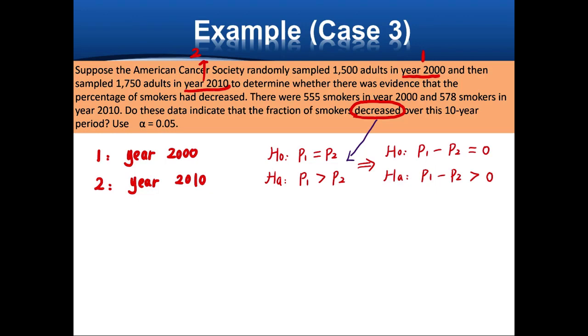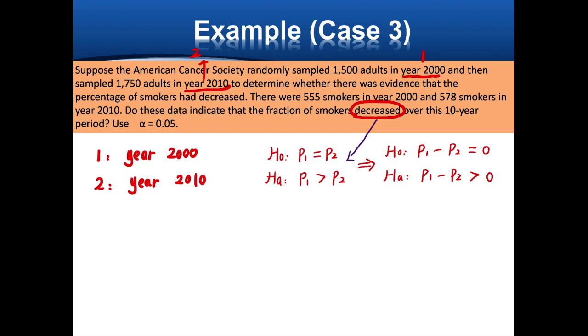And we need to determine whether there was evidence that the percentage of smokers had decreased. Also, in the two years, there were 555 smokers in year 2000 and 578 smokers in the year 2010.